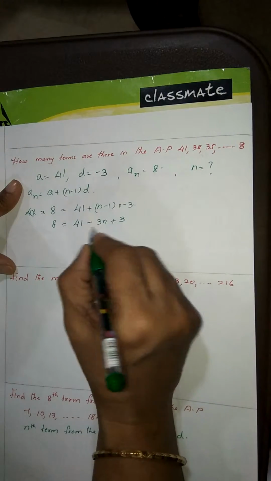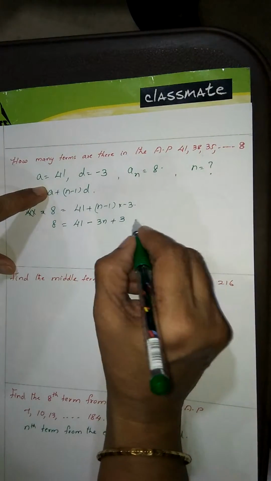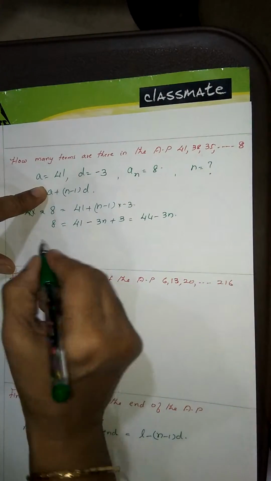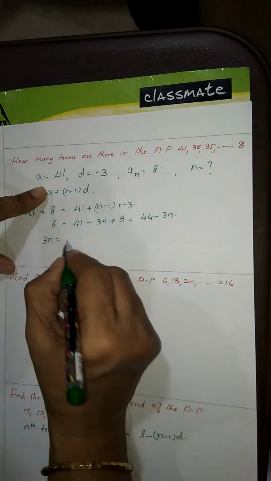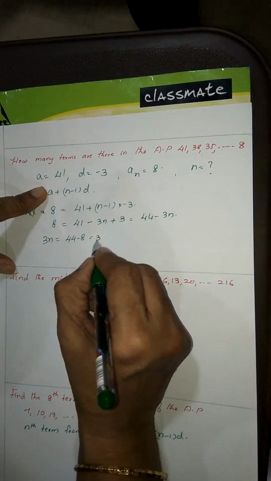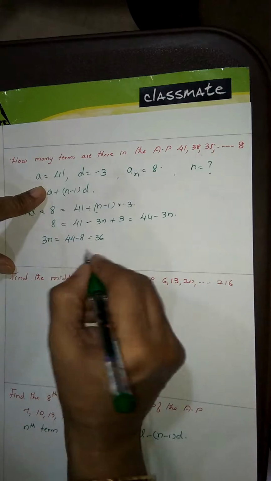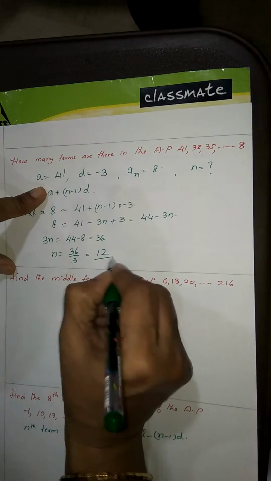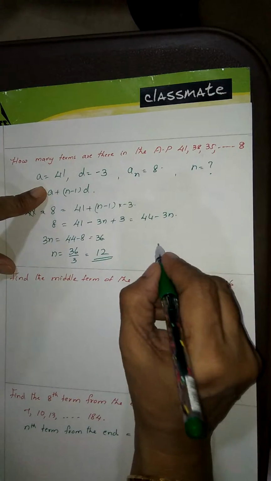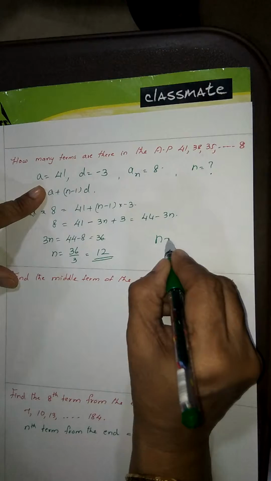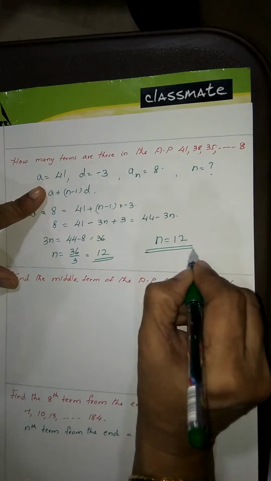So this will become 44 minus 3n. So we will bring 3n this side. So 44 minus 8 is 36. So n is equal to 36 by 3, so 12. There are 12 terms, so n is equal to 12.